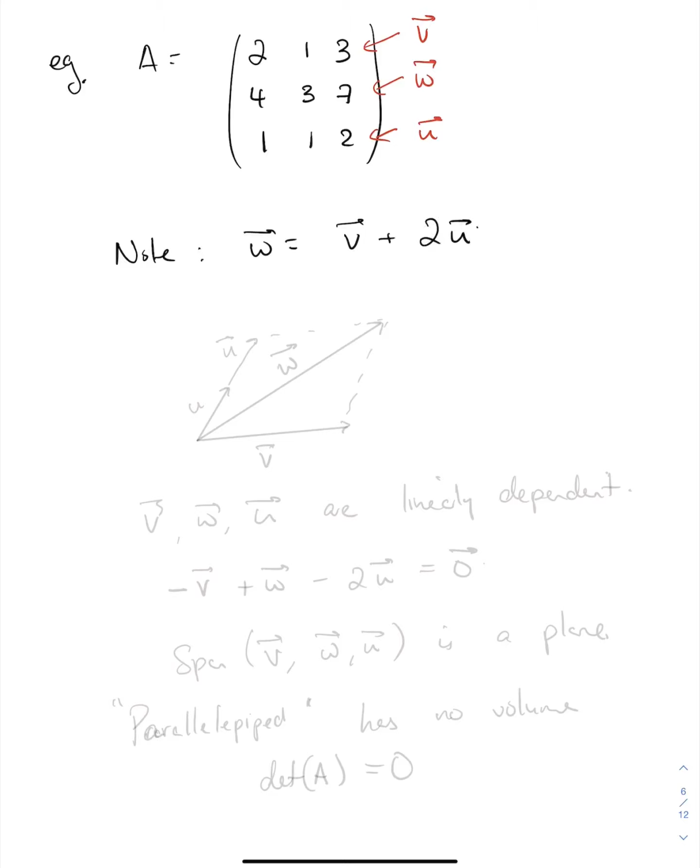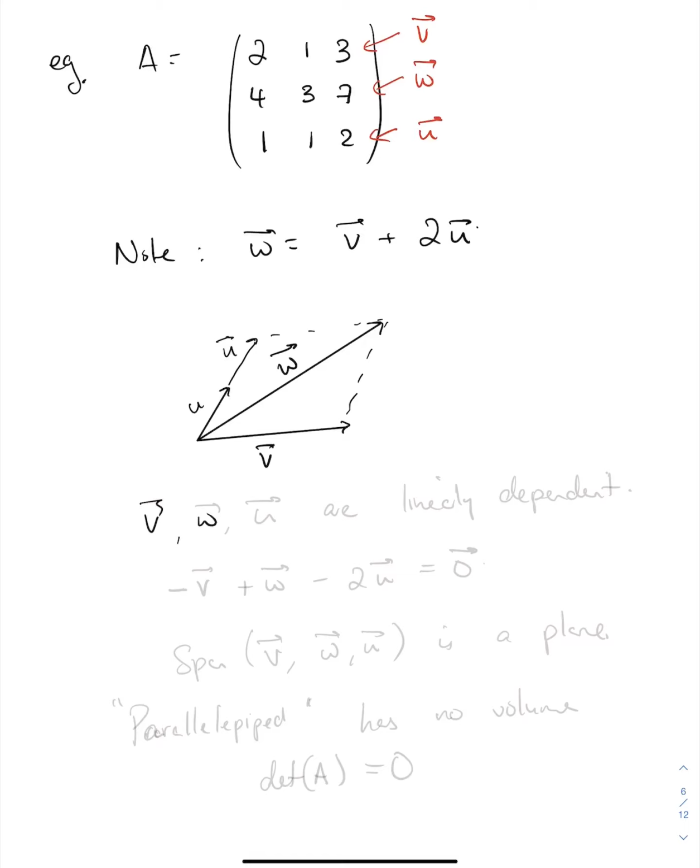If I were to sketch this, if this were V and this was U, then we can add another U to this. Boom, boom, boom, boom. This vector here is going to be W.